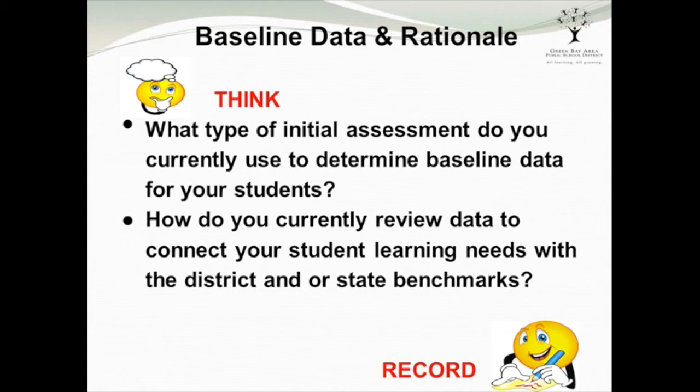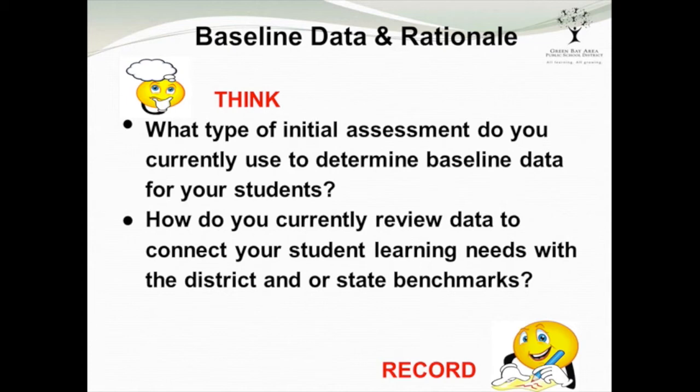So think, what type of beginning of the year assessments do you currently use in the grade level and content areas you teach? Think back to Stephen's presentation on assessments. Now think, what process is currently used to review and analyze the data?